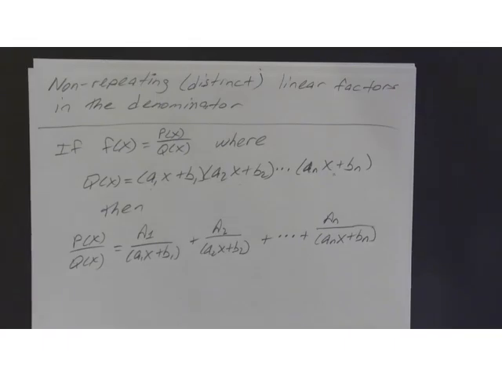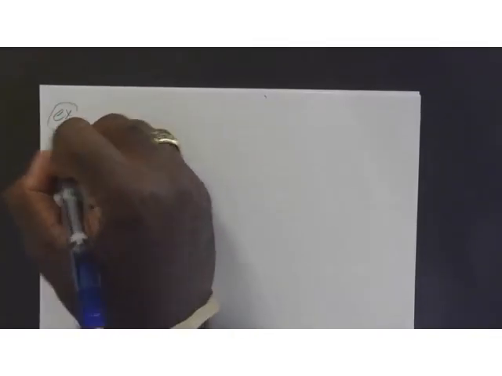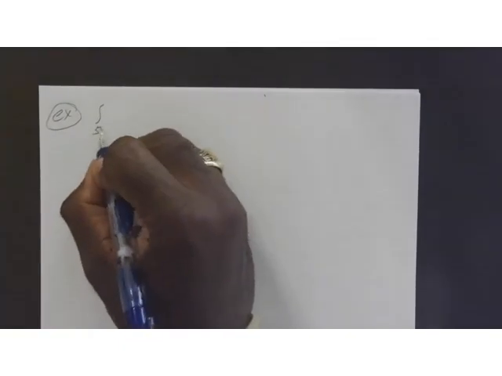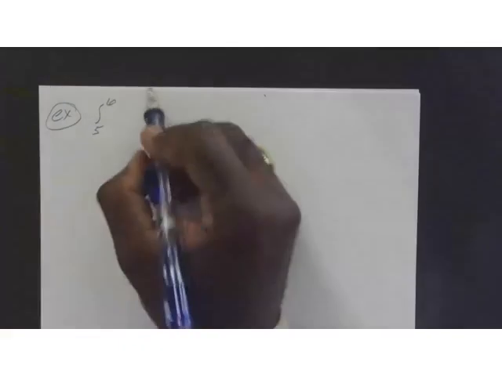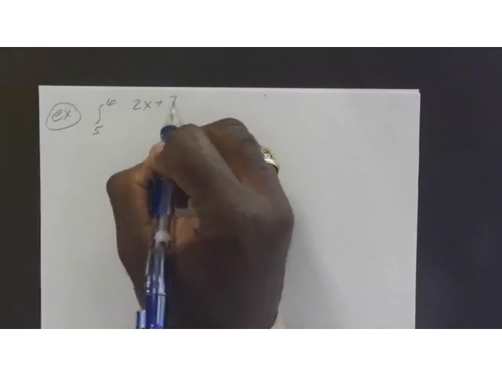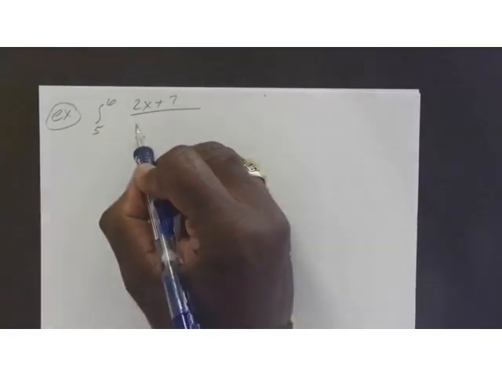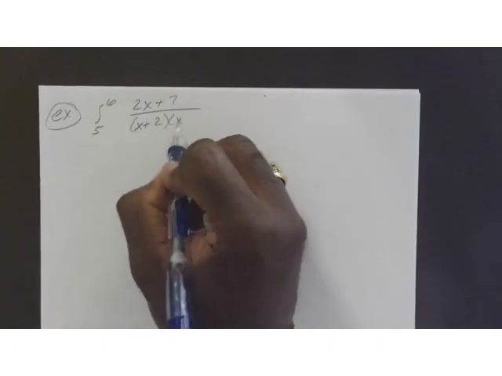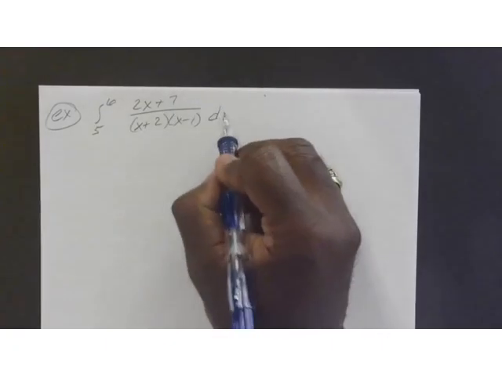All right, so let's say, for example, we want to evaluate the integral from 5 to 6 of (2x + 7) divided by (x + 2)(x - 1) with respect to x.